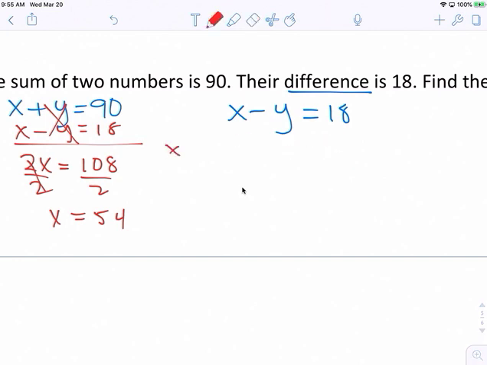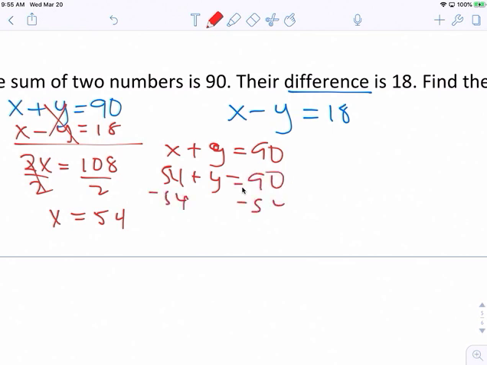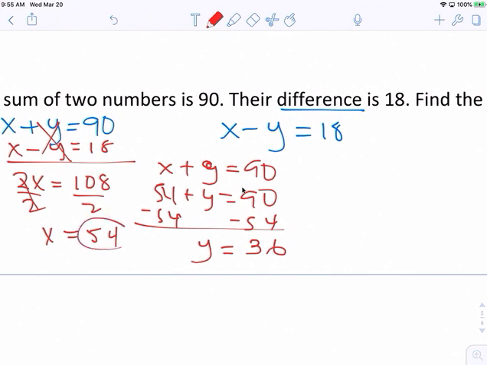X plus y equals 90. So 54 plus y equals 90. And all I need to do is subtract 54. Y equals 36. So 54 minus 36 is 18.